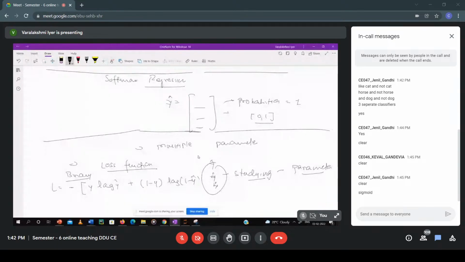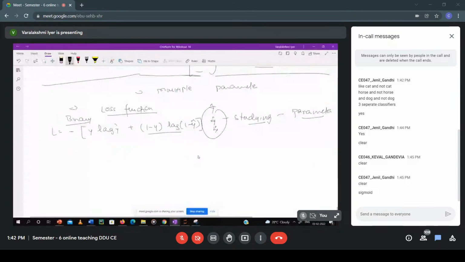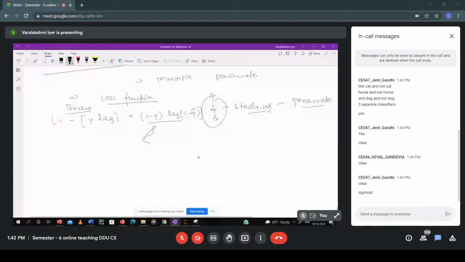In the case of softmax, we will have a generalized loss function. Whenever you are implementing with the scikit-learn library, if you state the number of classes equal to 2, automatically this binary loss function will be implemented.